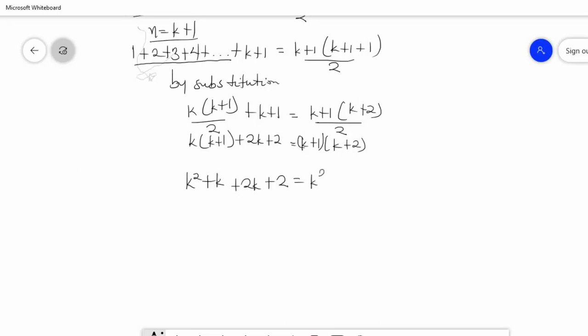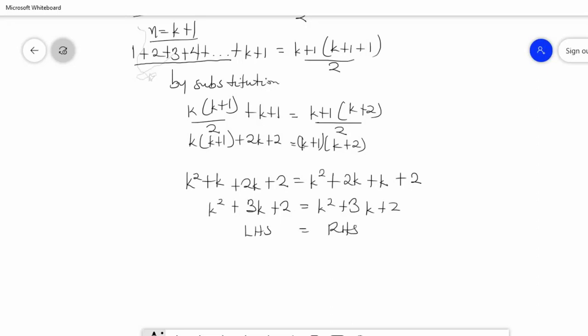So we shall have k squared plus 2k and then plus k plus 2. So now we have k squared plus 3k plus 2, giving us another k squared plus 3k plus 2. Now we have our left hand side of the equation equal to the right hand side of the equation.